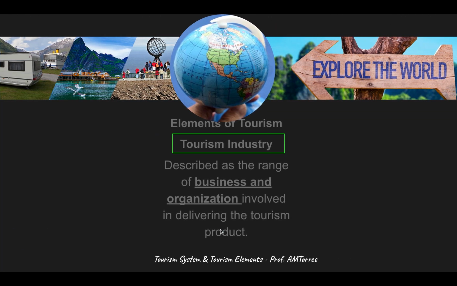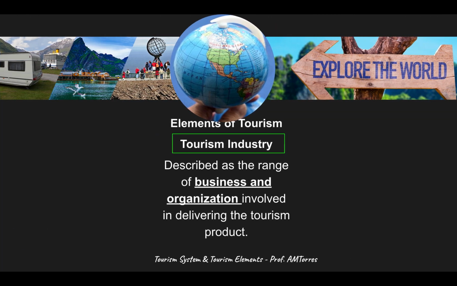And what else do we have here? The tourism industry is described as a range of businesses and organizations involved in delivering the tourism product. So we have tourism products and services. I don't just say product because the tourism industry is people oriented.